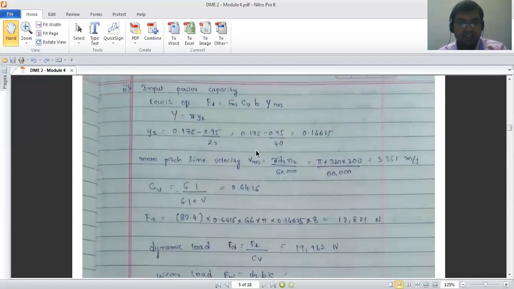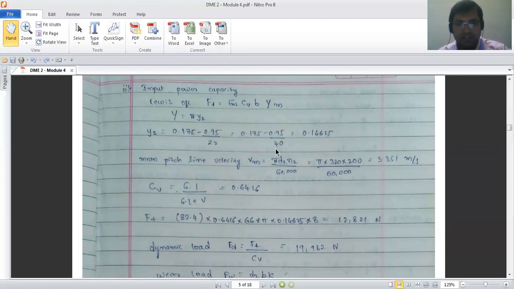Now let us calculate the input power capacity by referring to the Lewis equation. So the Lewis equation: Ft is equal to sigma0 Cv b pi m y, and y is equal to pi y2. So this y2 we have selected based on the pressure angle for 20 degree stub, and z2 is already known.